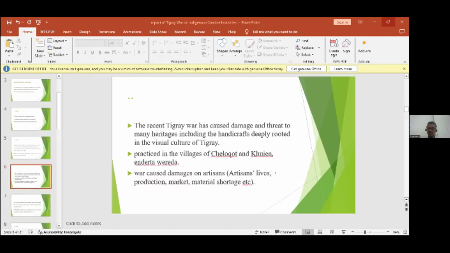The recent Tigray War caused a lot of destruction to the heritages of the handicrafts, the architectural, and the artistic productions of many communities in Tigray. Some of them are pottery, basket making, and embroidery. These are practiced in many parts of Tigray, and the Quehen and Chalokot villages are some of them.